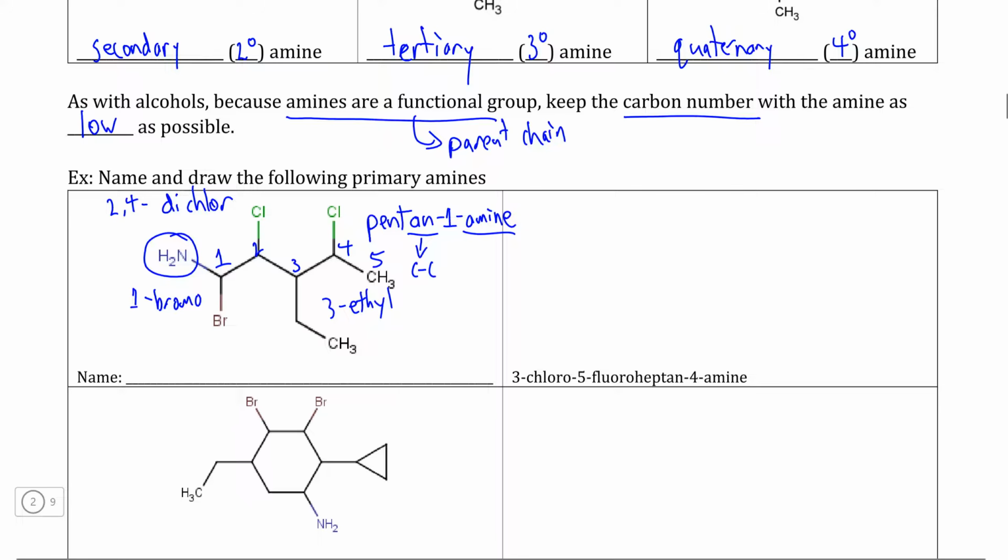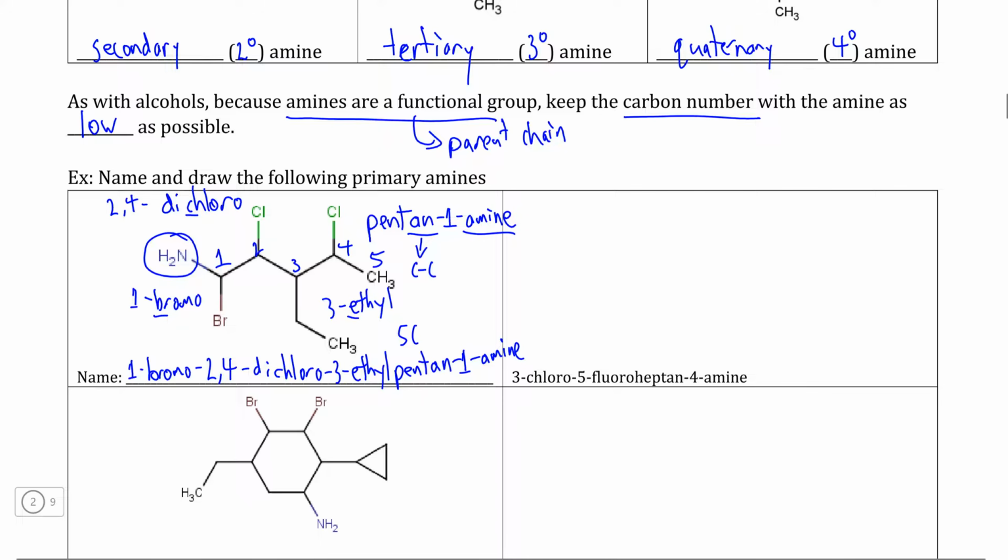And if we list them alphabetically, which I've actually already done, bromo precedes chloro, which precedes ethyl. So if we write the side chains in order, we would write 1-bromo coming first. Secondly, chloro comes after, 2,4-dichloro, followed by our ethyl, so 3-ethyl, and then we simply write the rest of the parent chain here, which would be pent, indicating that there are 5 carbons, ane, indicating that there are only carbon-to-carbon single bonds, and the suffix amine preceded by the location 1 to indicate that that is where our amine functional group is in this molecule.